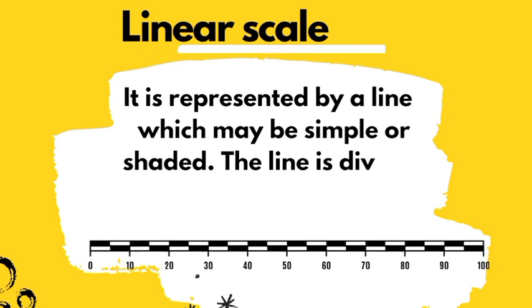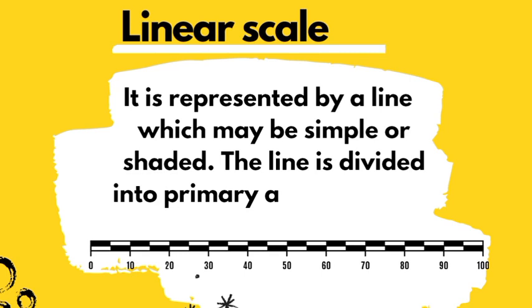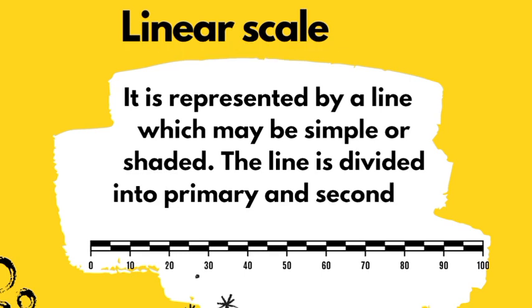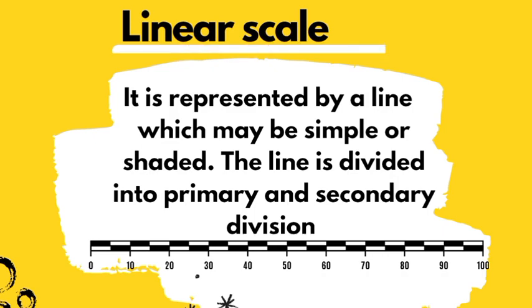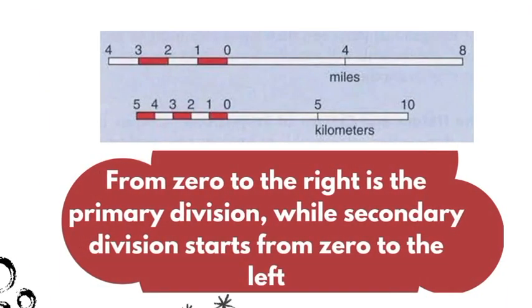Now, checking our map, we understand that the distance on map is always depicted in a linear format. Linear scale is always used in measurement of map distance while converting. We have the primary division. From 0 to the right is the primary division, while the secondary division starts from 0 to the left.